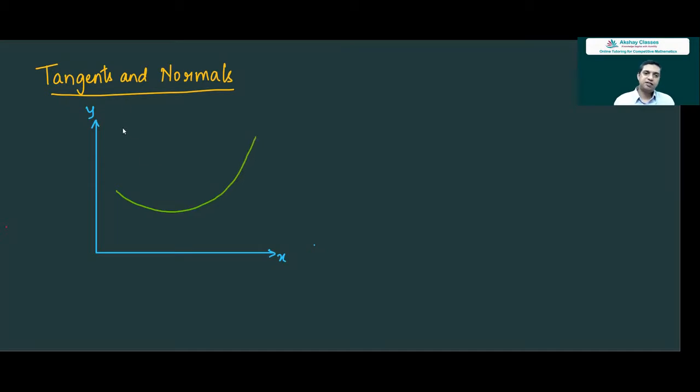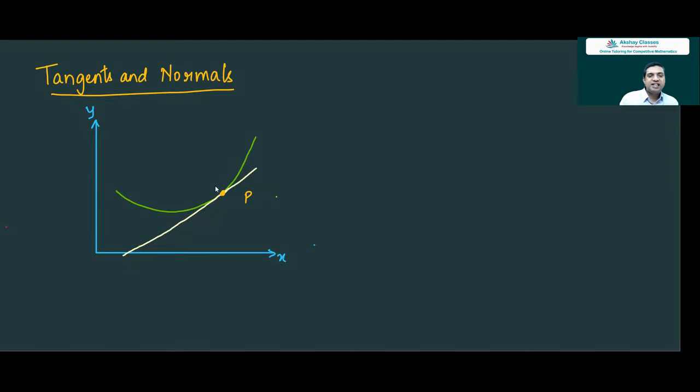Some curve like this. Now, at some point P on the curve, we can draw a tangent. I draw a tangent at this point P on the curve.